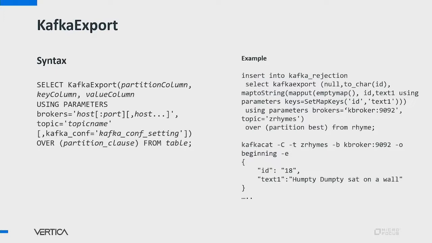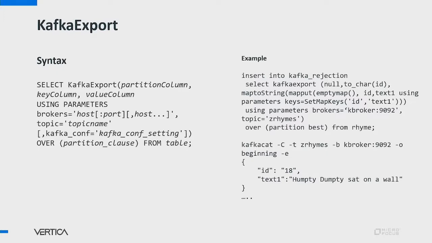If you look at the syntax here, the parameters or options it takes are the partition column, which is the partition of the Kafka topic, and then the key and value columns as well. And then it follows with the obvious configuration to identify the Kafka broker to Vertica. So we specify the brokers, we specify the topic name, etc.